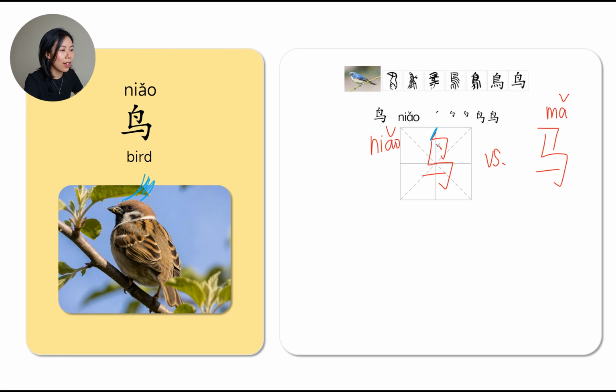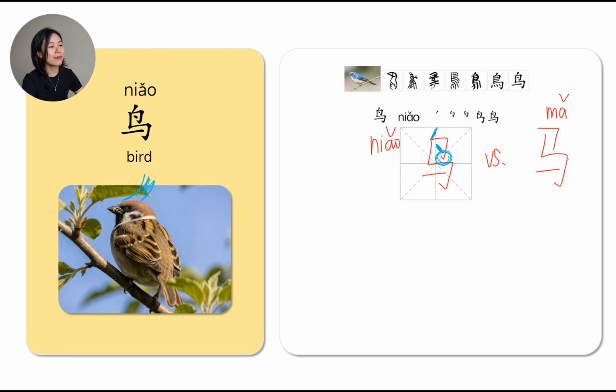And the 鸟 also has one more dot inside. You can imagine this is like the eye of the bird. And then the third difference, the 鸟 also has a hook at this place. Alright? So 马 is simpler. It doesn't have the crown, no eye, no hook.